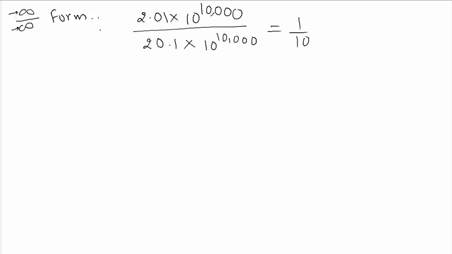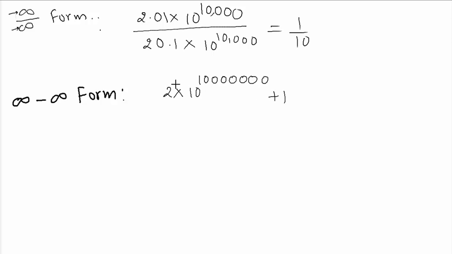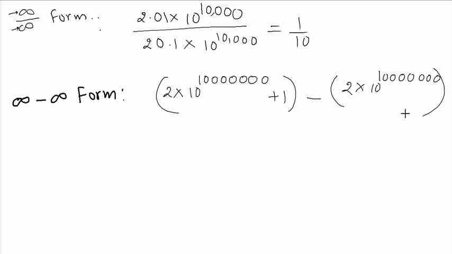Let us move on to the next indeterminate situation, that is the infinity minus infinity form. This is also an indeterminate situation. This can be anything, like 2 into 10 to the power 1 lakh, or even more, plus 1, minus 2 into 10 to the power like this.